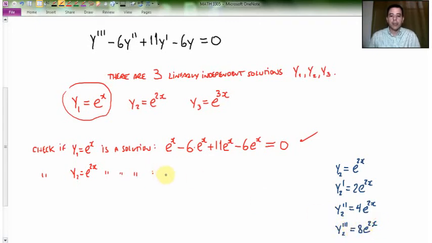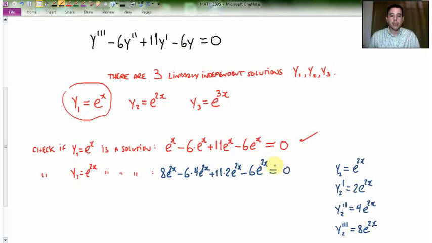If you put those in here, we have 8e to the 2x, minus 6 times the second derivative, that's 4e to the 2x, plus 11 times the first derivative, that's 2e to the 2x, minus 6 times the function, which is e to the 2x.